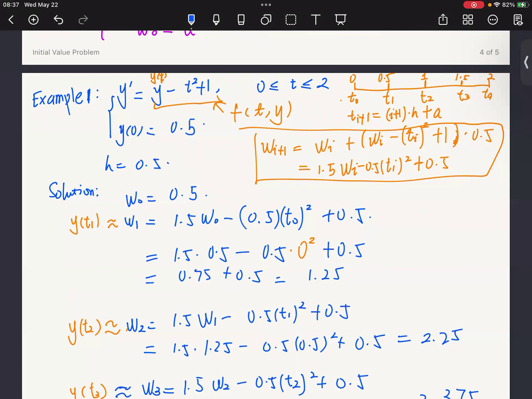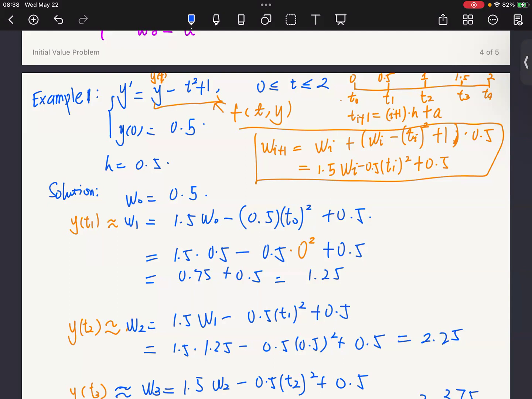So this is what we have here. Let's say we are going to get a smaller step size, and let's say H is 0.2, which means that we have 5 subintervals, or 10 subintervals, and you would get this at the end.